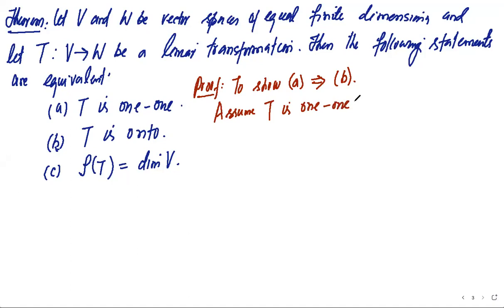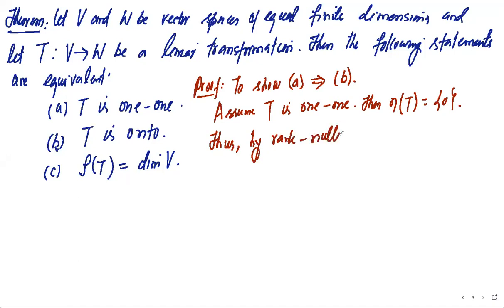So once we have T is 1-1, then nullity of T is equal to 0. Thus, by the rank nullity theorem, what is the rank nullity theorem?